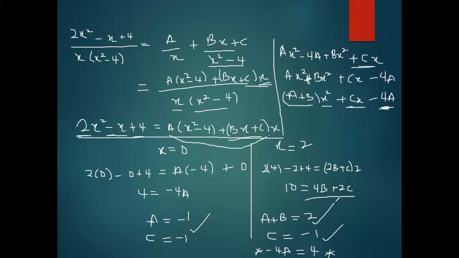And then from this equation, we know a is negative 1. So if a is negative 1, then we have the expression minus 1 plus b is equal to 2. So this will cross to the other side, which will become positive 1.